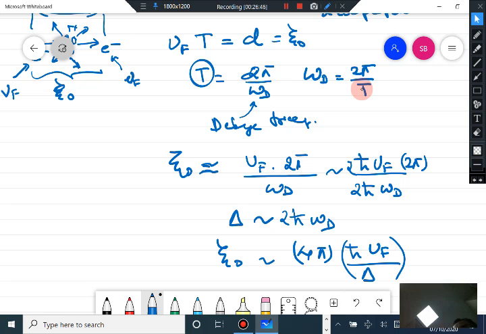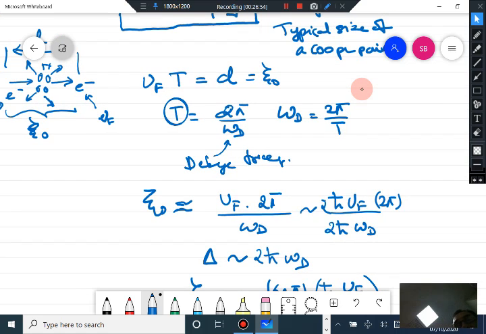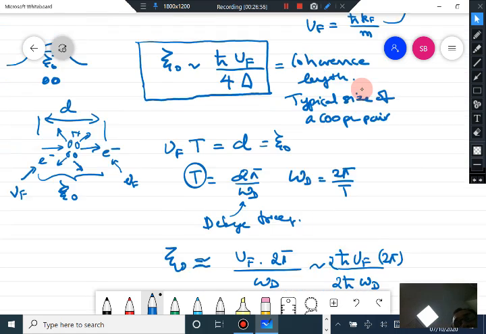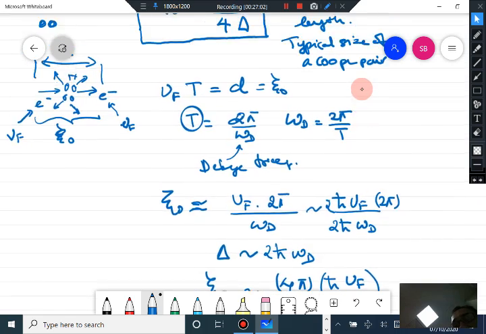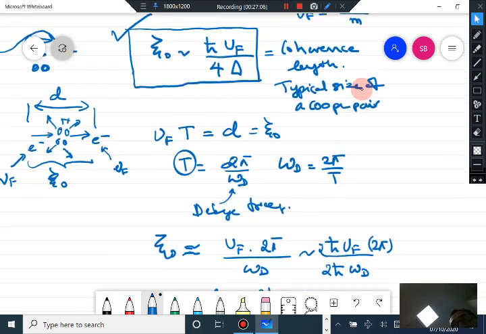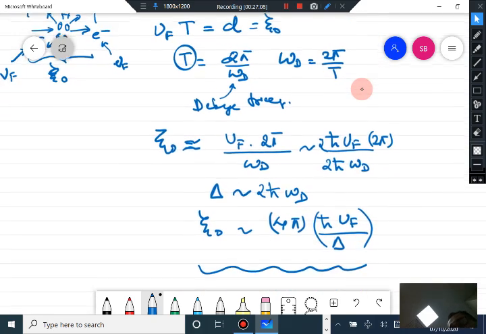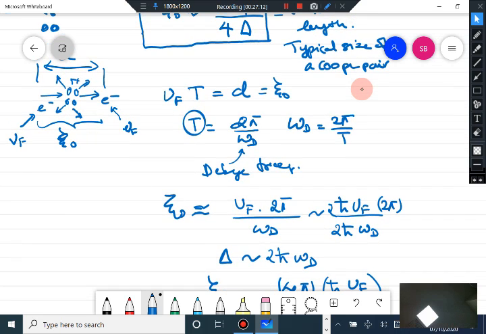Of course this is a very crude approximation, but this gives you an approximate estimate of your coherence length. Though your earlier estimate was an overestimate, at least the factors of ħvF by Δ turn out to be roughly correct in this way of doing things, okay.